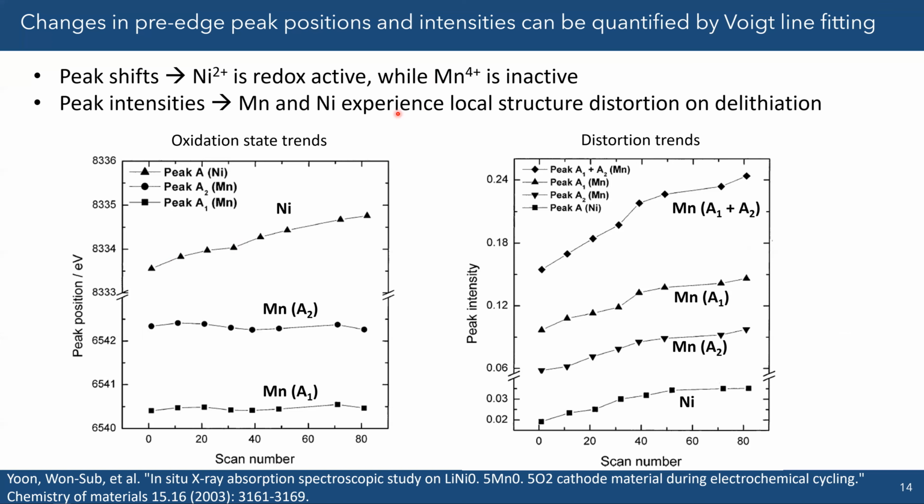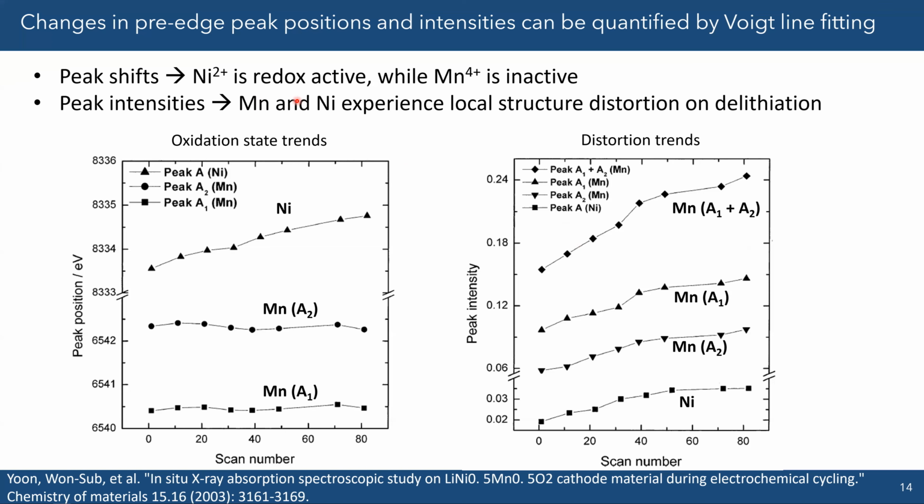Another thing: remember that in addition to the position of your peak, the intensity of your pre-edge peak gives you information about the local distortion. The more intense your peak is, the more distorted the local structure around your absorbing atom is.